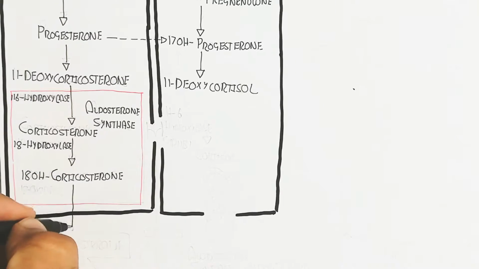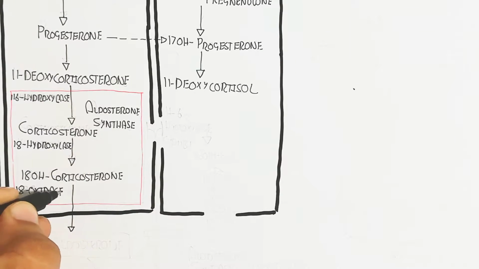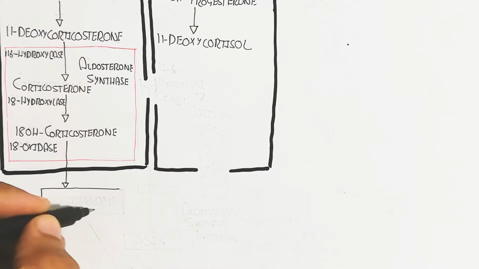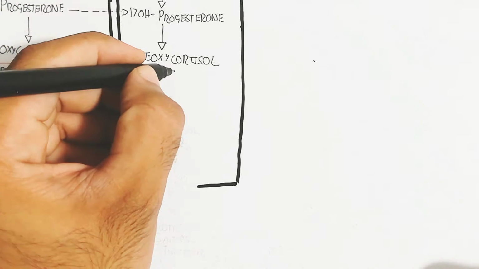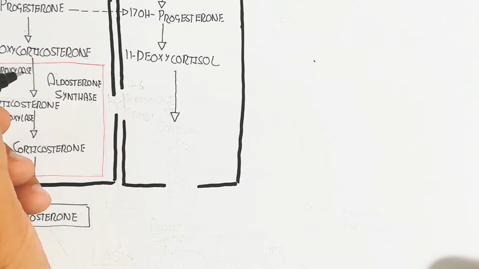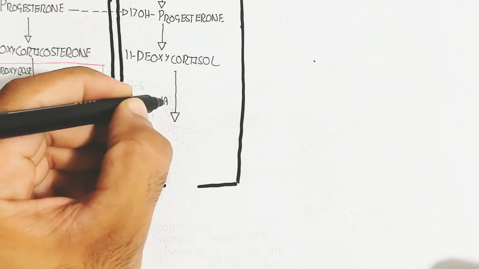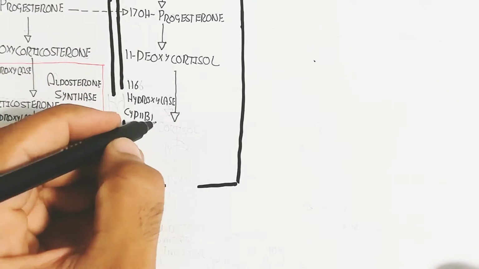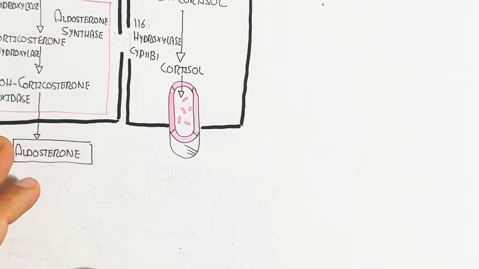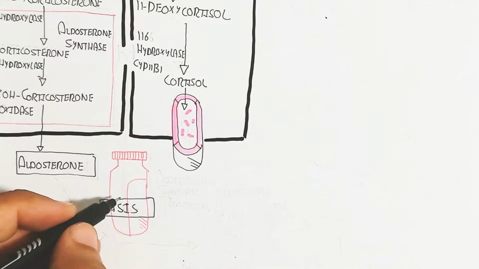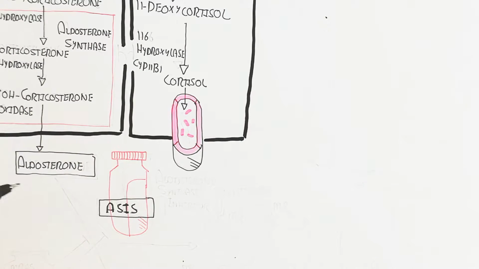The 11 beta hydroxylase enzyme produces corticosterone, and 18 hydroxylation gives 18 hydroxycorticosterone, converted through an 18 oxidase enzyme to aldosterone. But the 11 beta hydroxylase CYP11B1 is basically used to produce cortisol.